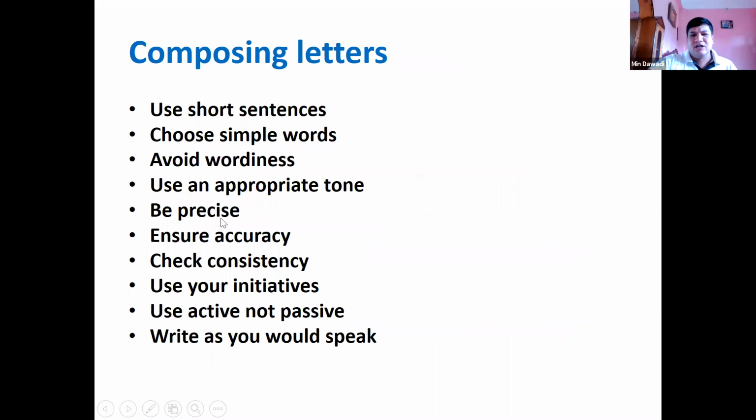Now the next topic of today's discussion is composing letters. While composing business letters, formal business letters, we have to keep some points in our mind. In the earlier discussions, I told you that our business writing must be based on the 7 C's of effective communication.